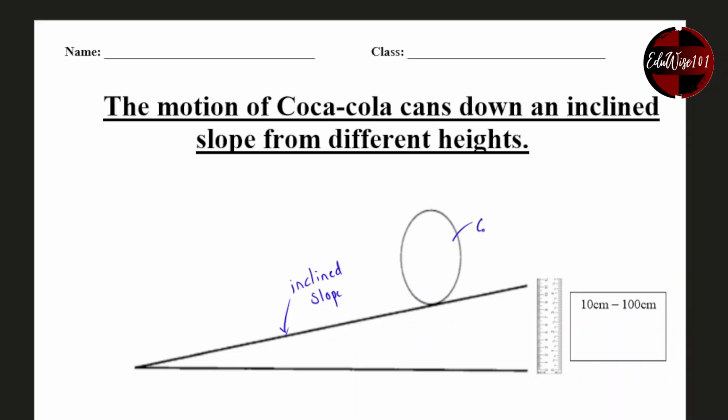That's the can, ruler, and that'll be the floor, and you use some books or anything that you can support this plank.